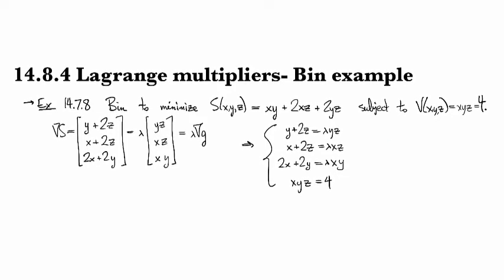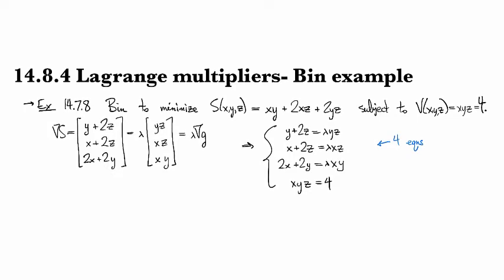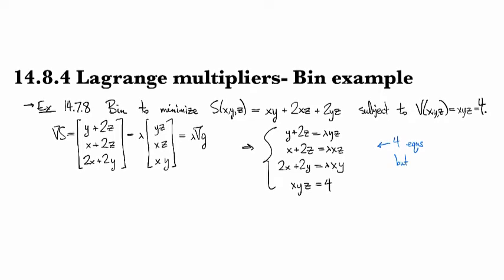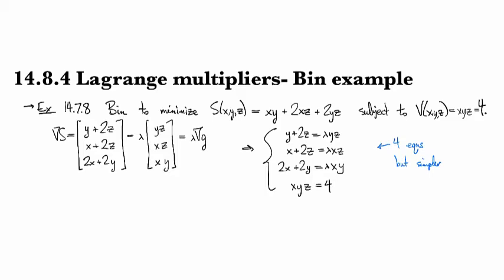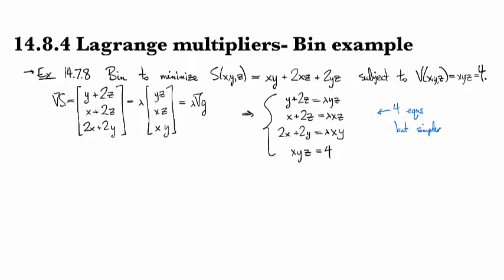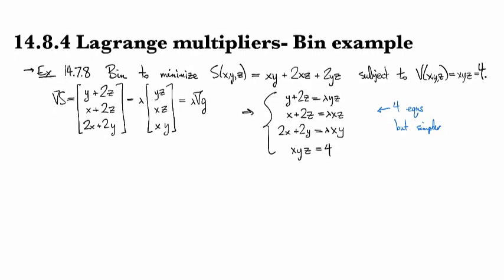Notice that now we have 4 equations instead of 3 like we had before when we were back in 14.7.8. But they are simpler equations and hopefully easier to solve. So let's see.